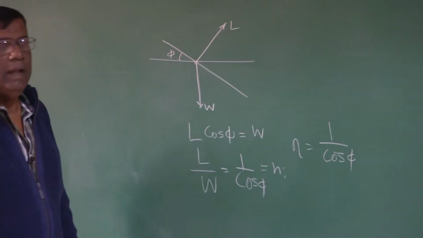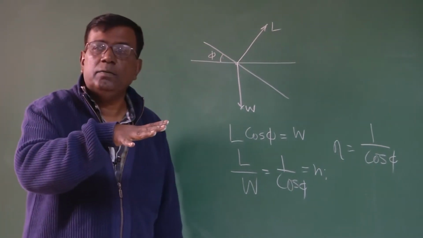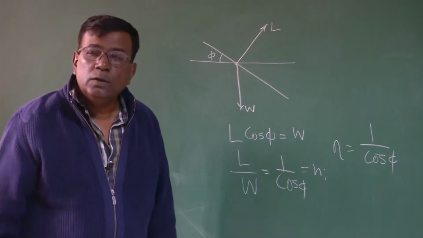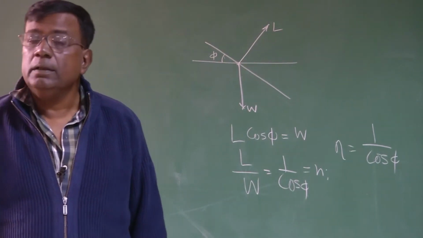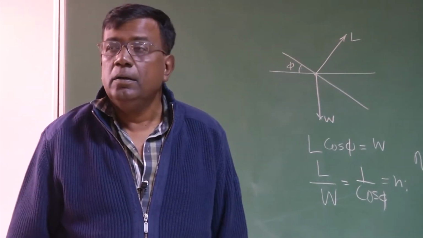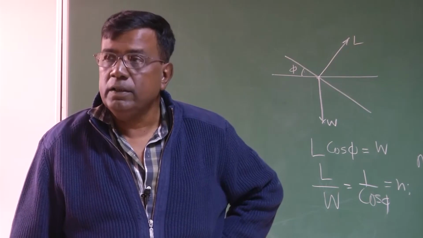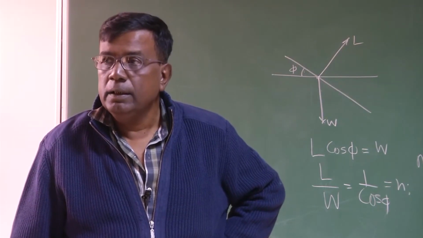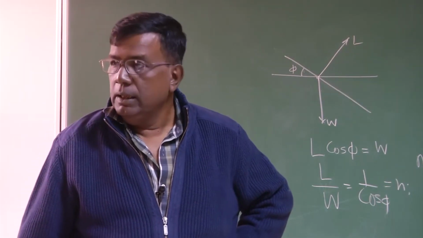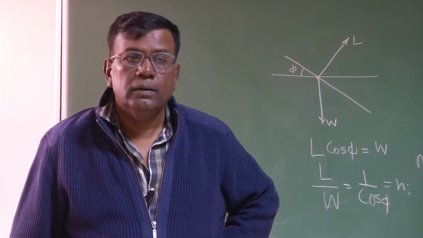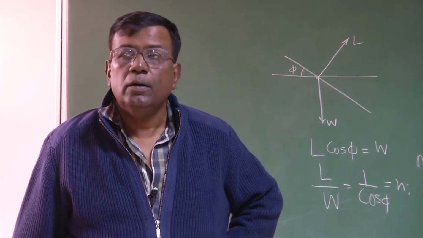So if the pilot is flying the machine and taking a bank of 45 degrees and making a steady coordinated turn, what is the load factor you are experiencing? Let's say 30 degrees, then 1 by cos 30, right? If it is 60 degrees, then load factor of 2.